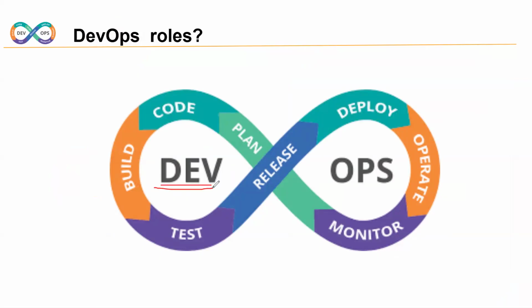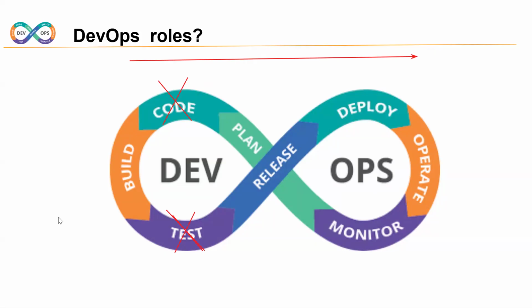Our roles and responsibilities start from the dev environment and end with operation. We are part of coding, building, testing, release, deploy, operation, monitoring. But frankly, we are not writing any code or any test cases. We are just implementing an automated DevOps transparent pipeline from the dev environment to operations.